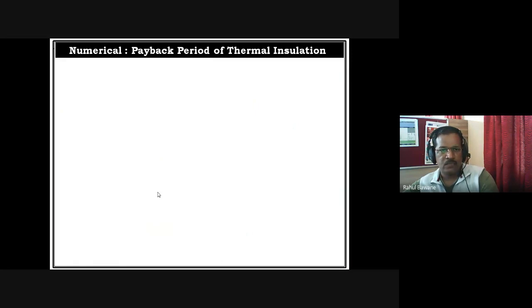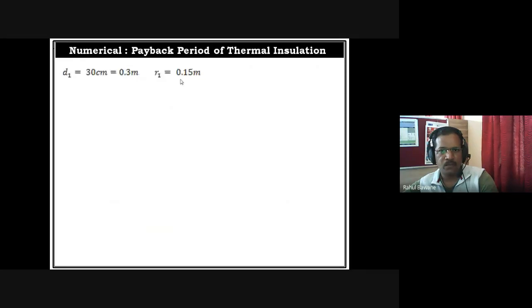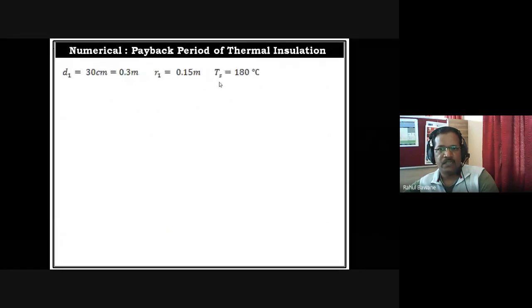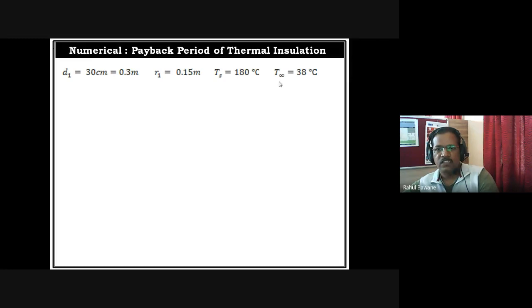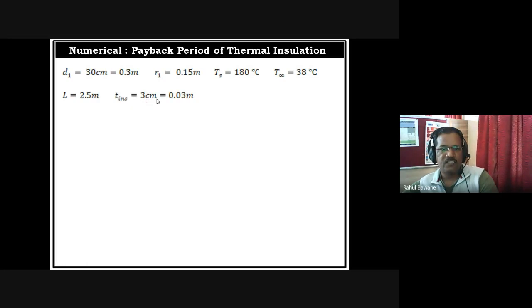They provide the diameter of the pipe. If the diameter is 30 centimeters, it becomes 0.3 meter diameter, so the radius will be 0.15 meter. The surface temperature is 180 degrees centigrade when insulation is not provided. This is the temperature of the outer surface of the pipe. Surrounding air temperature is 38 degrees centigrade. Length of pipe 2.5 meter. Insulation thickness is 3 centimeter, that is 0.03 meter.